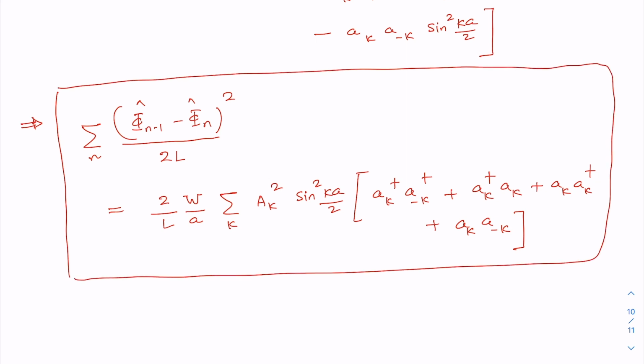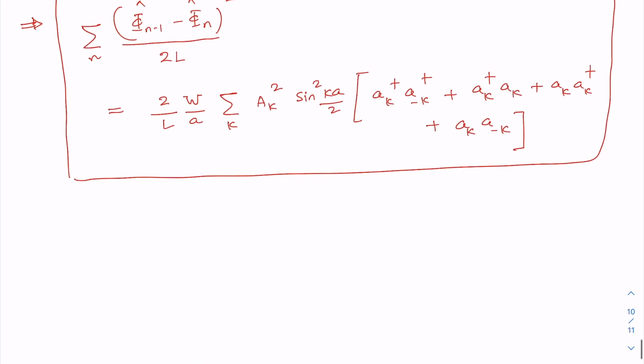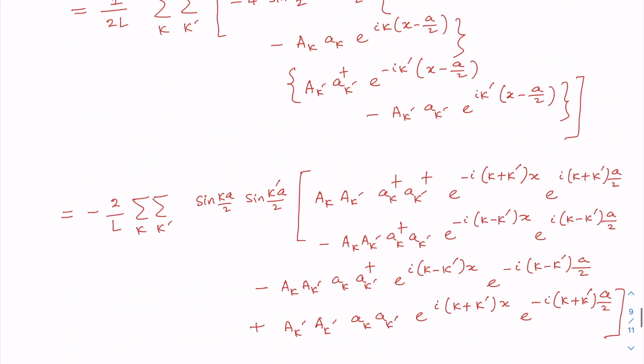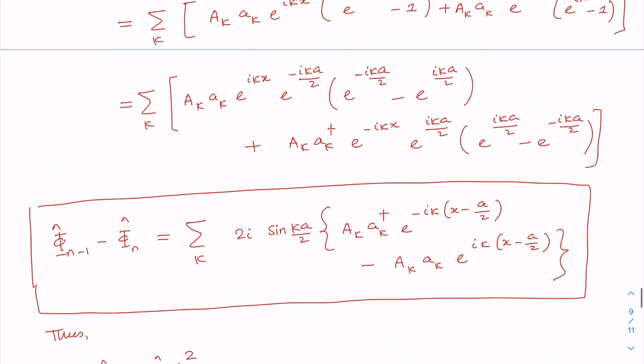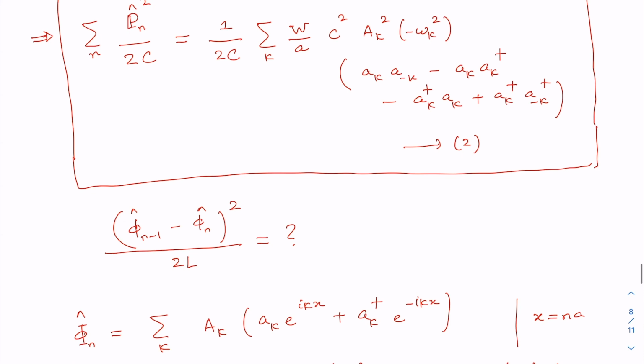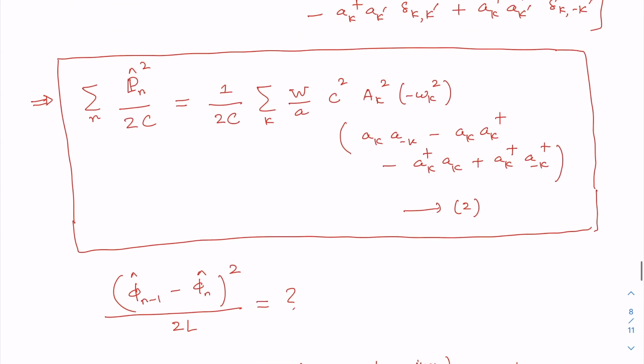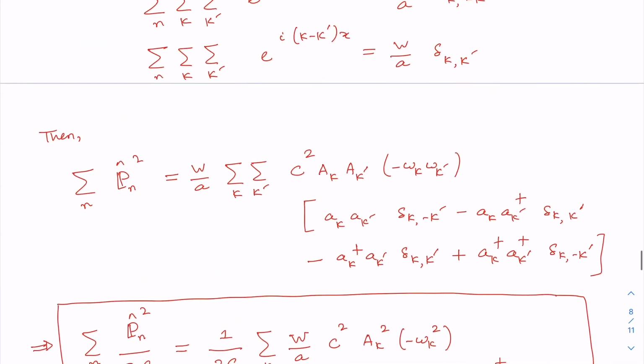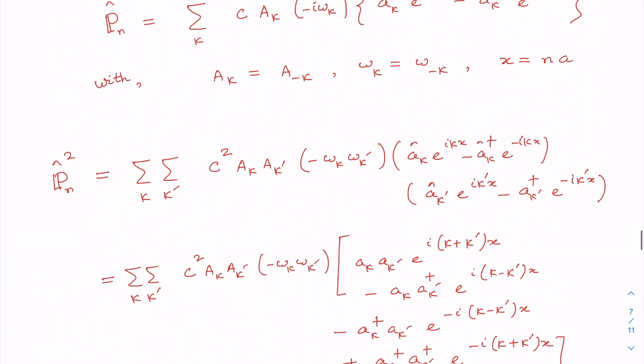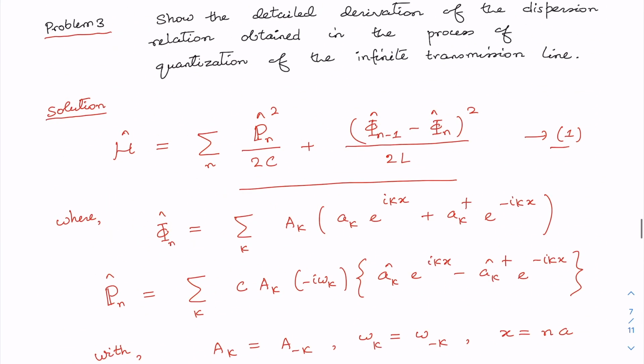Let me say this is equation number 3. We had equation number 2 also. So now let me put expressions 2 and 3 in our original Hamiltonian, that is here.